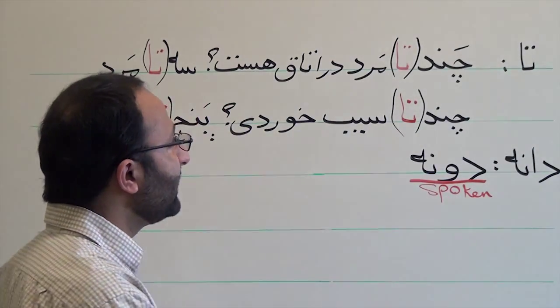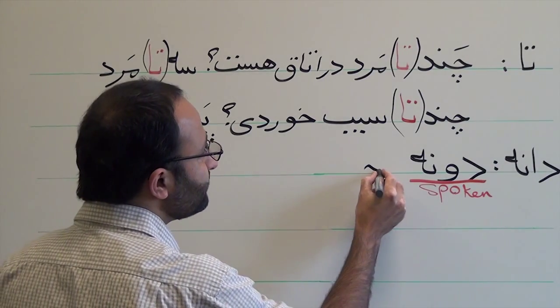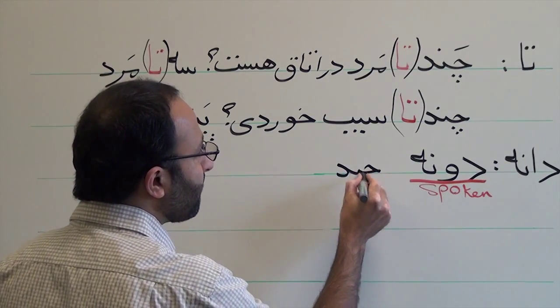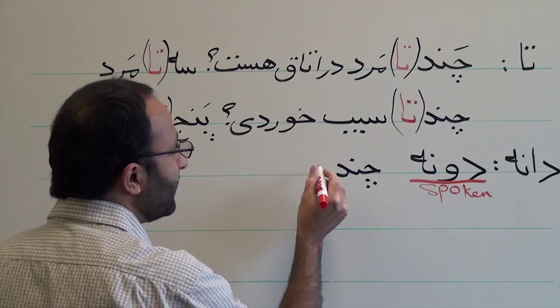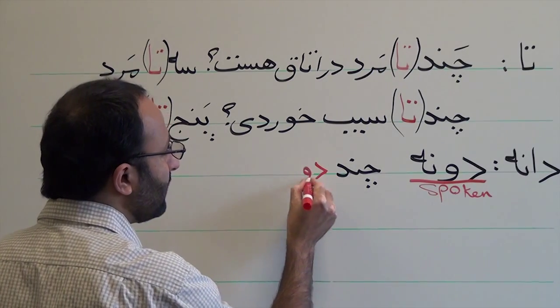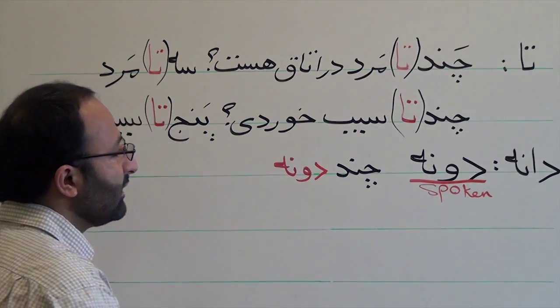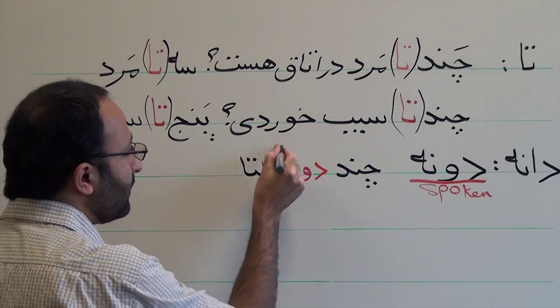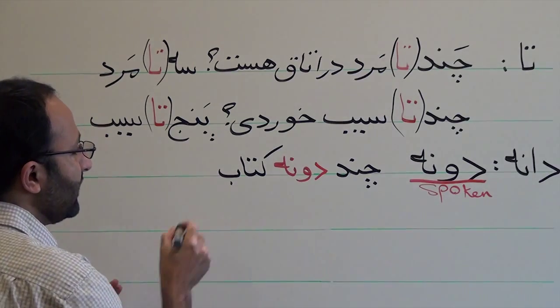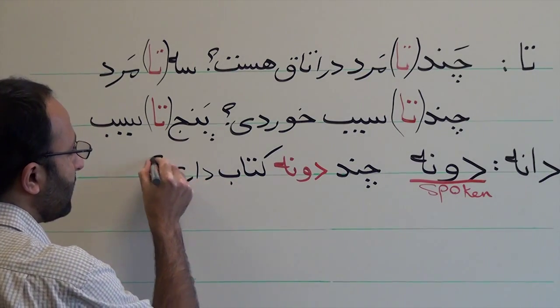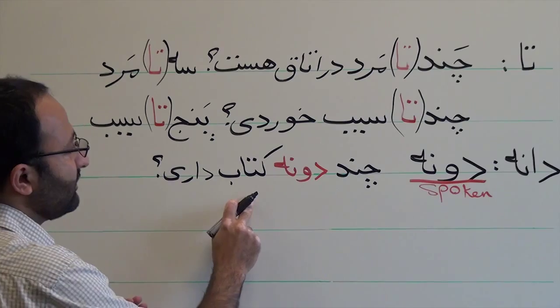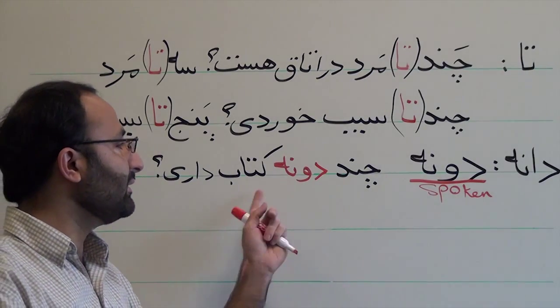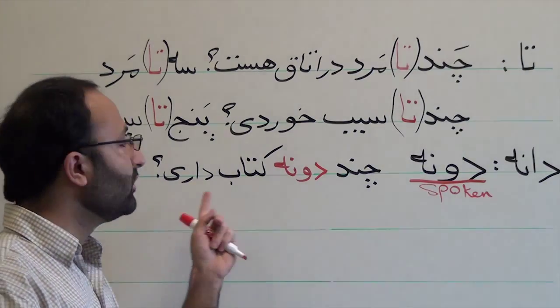So for example, چند دونه کتاب داری؟ How many books do you have? And literally, how many book do you have?